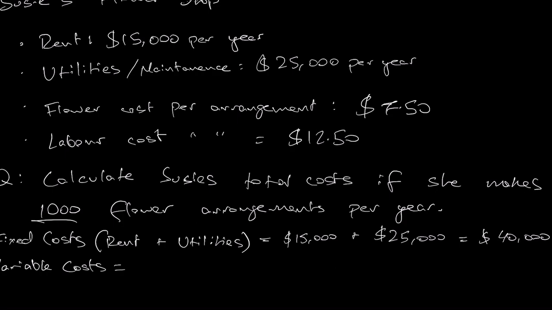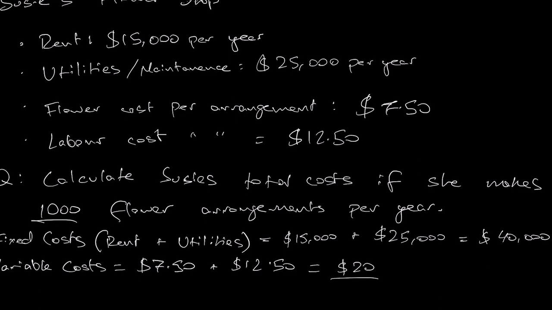Now, to determine the variable costs, I'm going to figure out, okay, well, what goes into every flower arrangement? So I can see that the cost of the flowers and the cost of the labor is $7.50 plus $12.50, which equals $20.